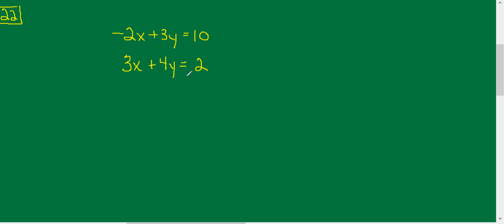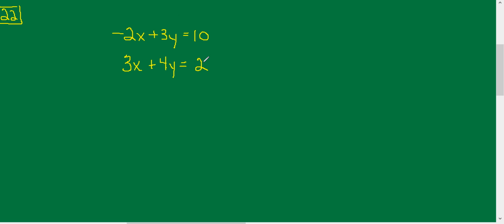Okay, here's the next one, number 22, where we have a problem. We're not going to just be able to multiply a number times one equation. In problems like this, we got to multiply the top by a number and the bottom by a number to create opposites in either the x or the y's.